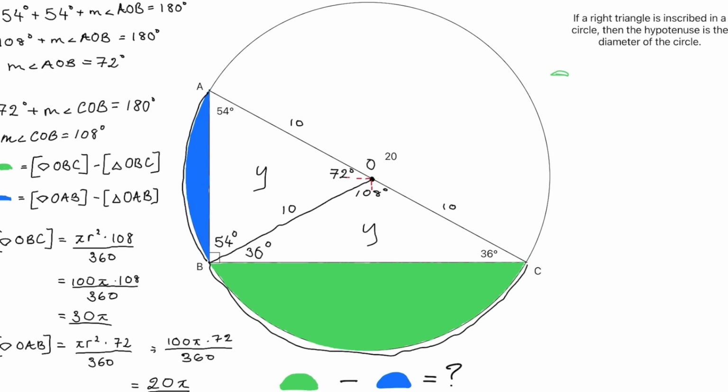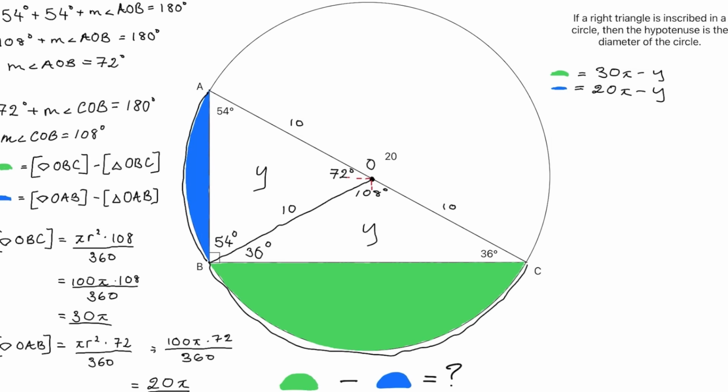We said that the area of the green region is equal to the area of sector OBC, which we solved for was 30 pi, minus the area of triangle OBC, which we said was y, and the area of the blue region is equal to the area of sector OAB, which we said was 20 pi, minus the area of triangle OAB, which we denoted with y. And the question is, what is the difference of these areas?